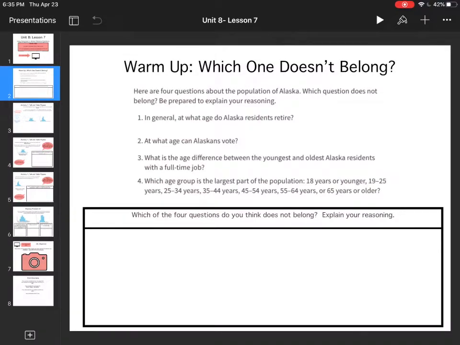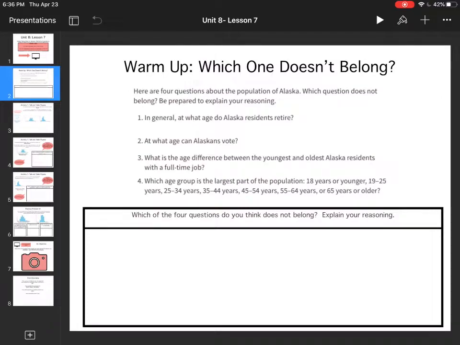So in general, at what age do Alaska residents retire? That's a variety of people, but that's only one age. Well, I guess not, because it says in general, meaning that people can retire at any age. So variety of answers, variety of people. At what age can Alaskans vote?